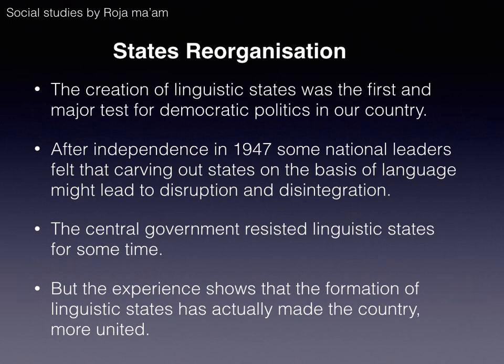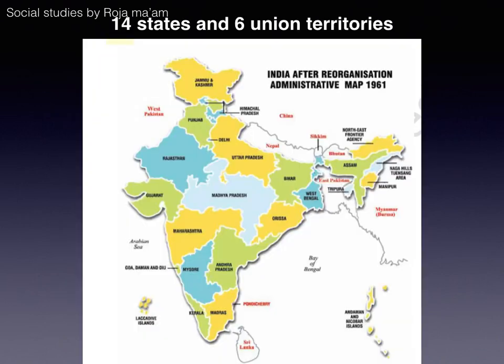Soon, Telugu speaking people started demands for a separate state. Andhra Pradesh became the first linguistic state of India, a state formed on the basis of language. But the experience shows that the formation of linguistic states has actually made the country more united.